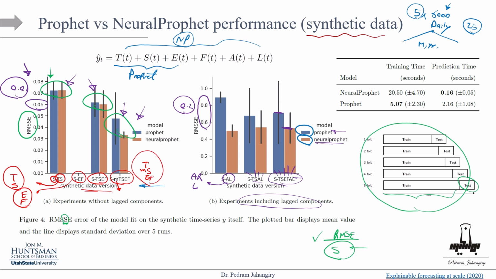If you read the paper, they report the same graphs for the components, for example the AR components or the seasonality components, between the two models, showing which one is capturing what, or which one is better than the other. But the outcome of this step is pretty straightforward, right? There is nothing surprising here. You expected your NeuralProphet to perform better on this synthetic data that has some lag components, simply because NeuralProphet is designed to capture that.